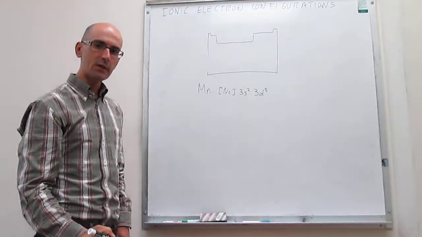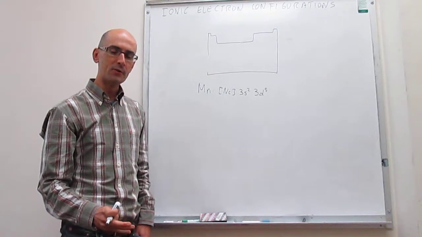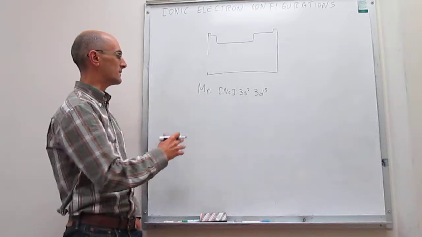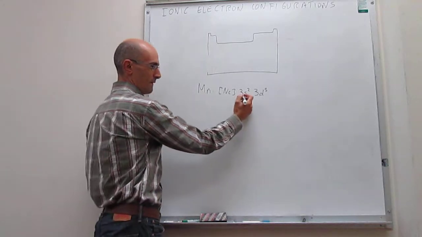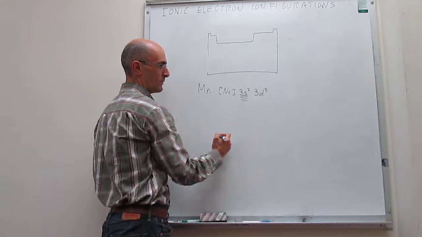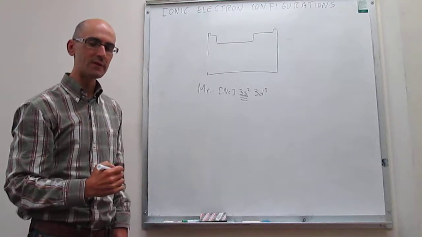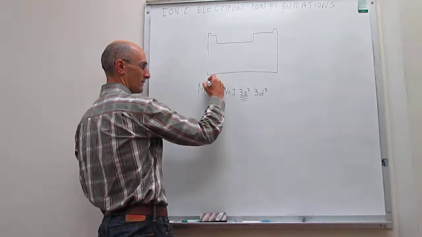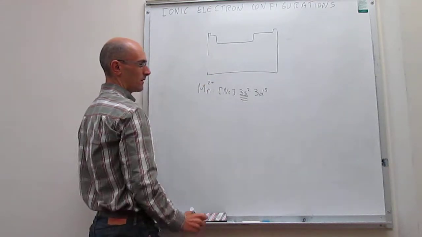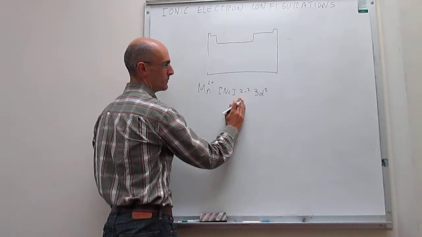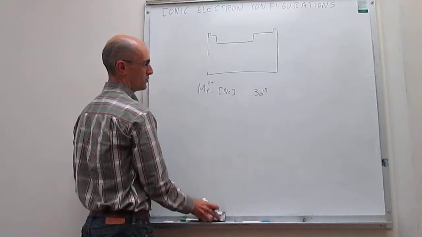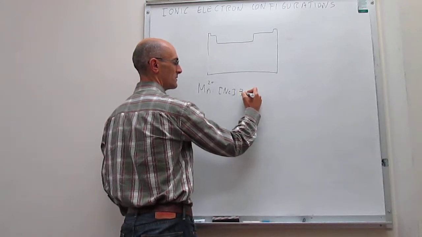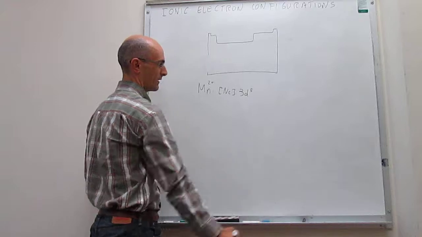It's very common in transition metals that when you start to remove electrons to form positive ions, and that's what these metals want to do, the first electrons that are removed, the electrons that are easier to remove, are actually the s, not the d. So when we form the manganese 2+ ion, the 2 electrons that are removed are the 3s ones, and the resulting electronic configuration of the ion happens to be 3d5.